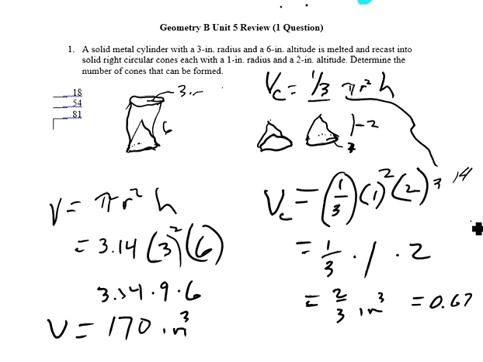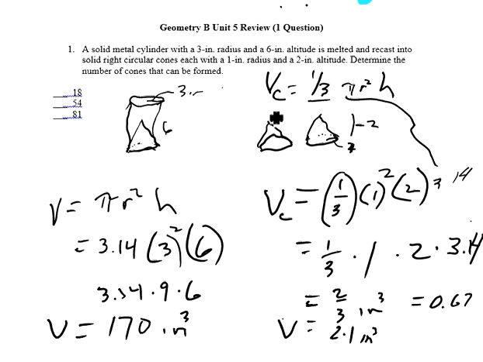We forgot to include pi in our formula. So instead of being 0.67, the volume is actually 2.1 inches cubed. So each little cone is 2.1.